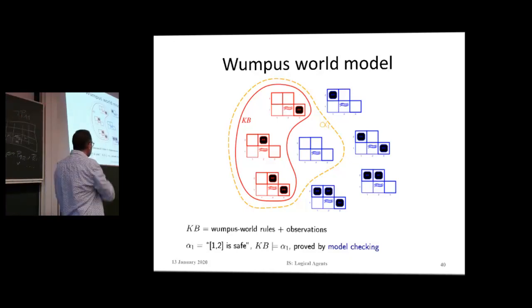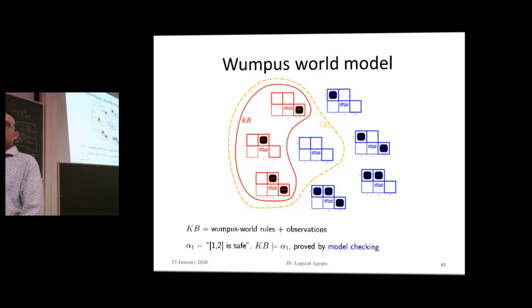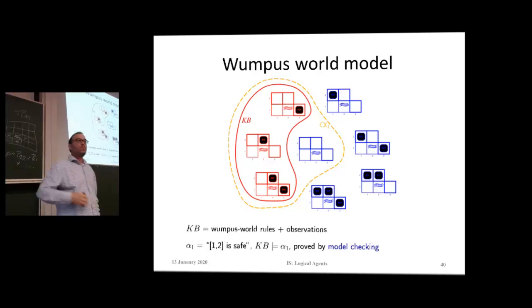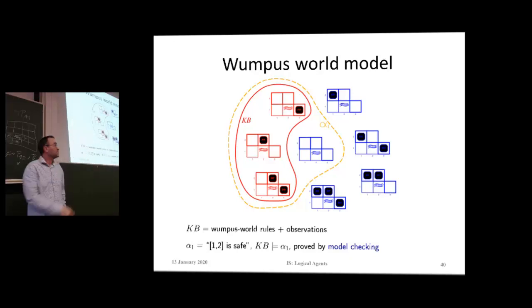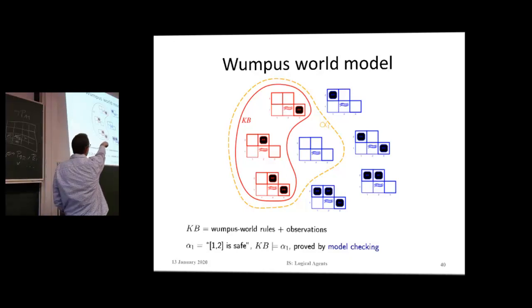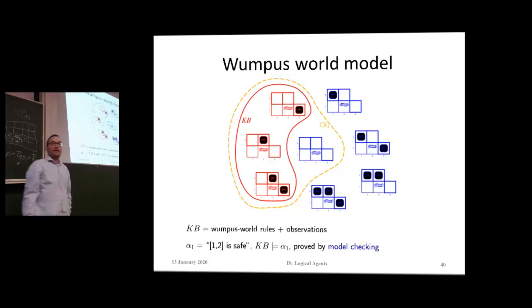does the knowledge base entail the proposition that A22 is safe? And what does A22 is safe mean? That there is no pit in this case? Yeah. So can we prove logically that there is no pit in 1, 2, which is this one, I think. Yeah. And how do we do that?